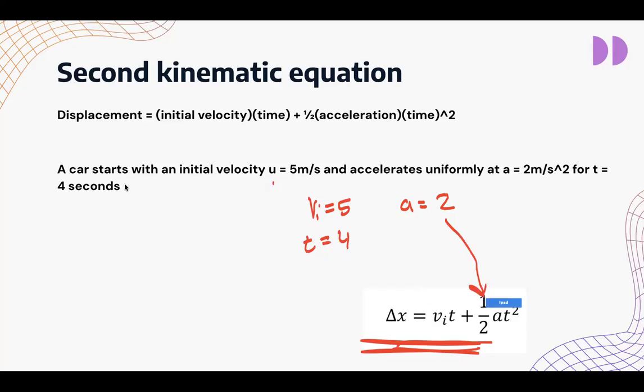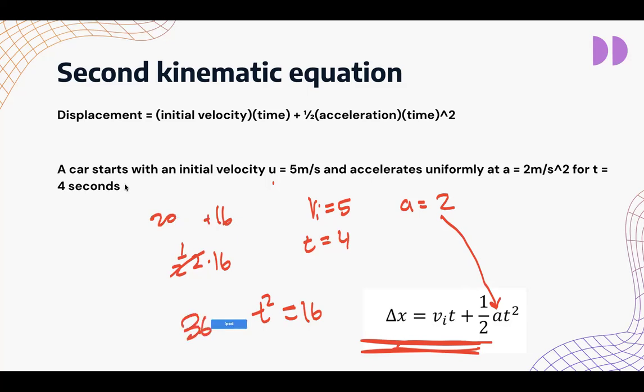Now I can just put it in. T squared is 16. 16 times 2 times 1/2, these cancel out. So 16 plus 20 is 36 meters. For the people who didn't put their units, please put your units next time. It's very saddening to see no units.